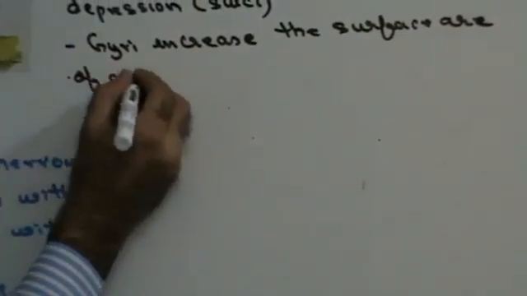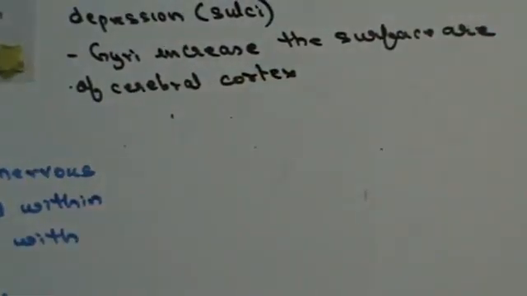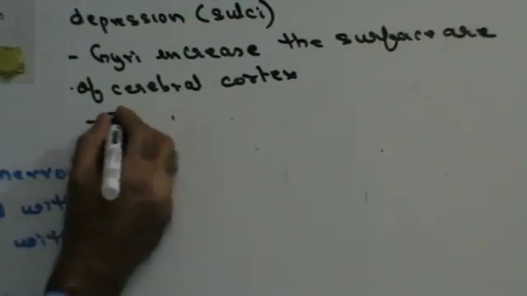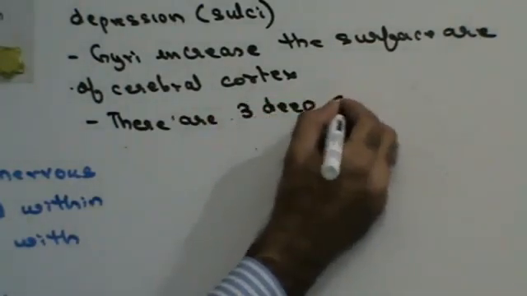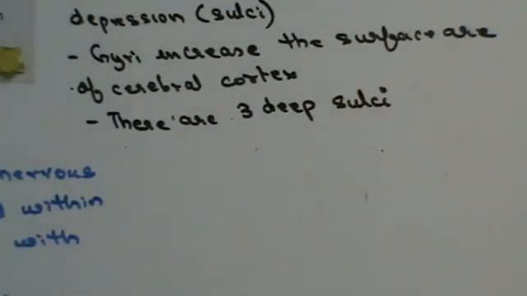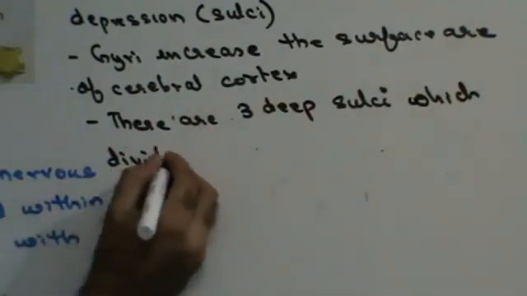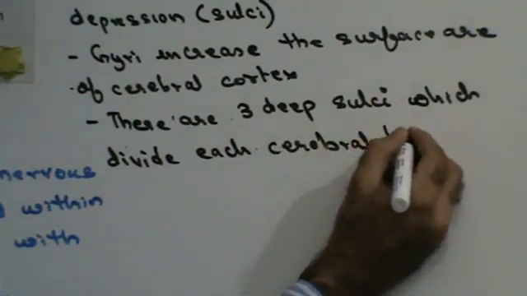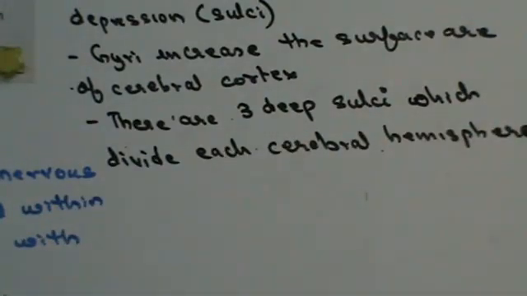Right? There are three deep sulci which divide each cerebral hemisphere into four lobes.